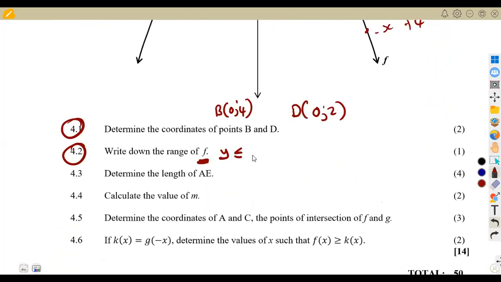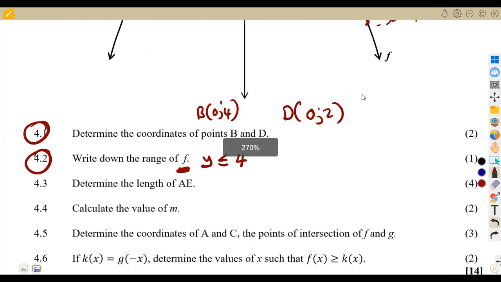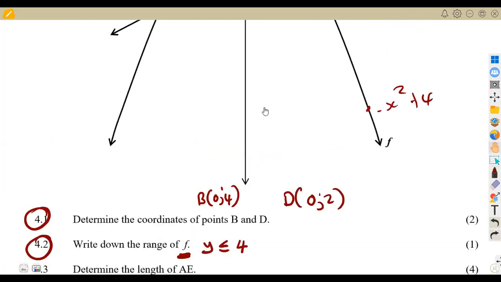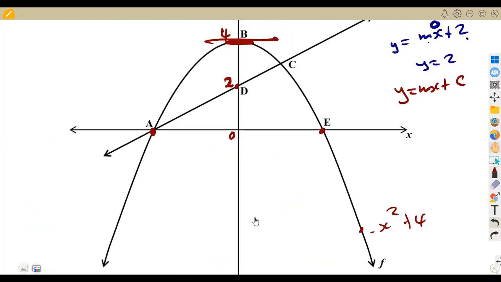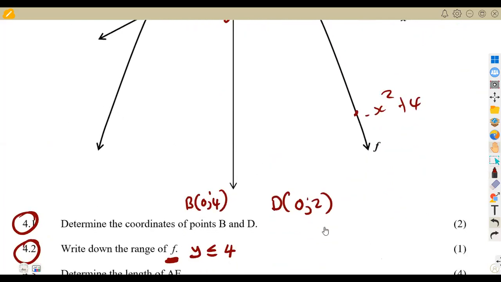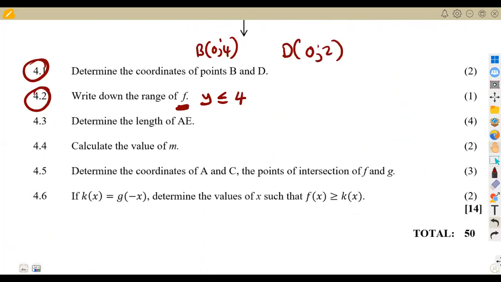So y is less than or equal to 4, which is our maximum value. It cannot exceed this value. But as it goes down, it is not limited, as you can see, it's open. So you can write it from negative infinity, so y is an element from negative infinity up to 4. All right.